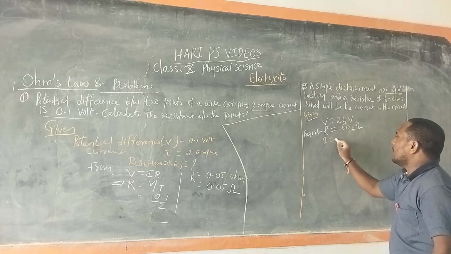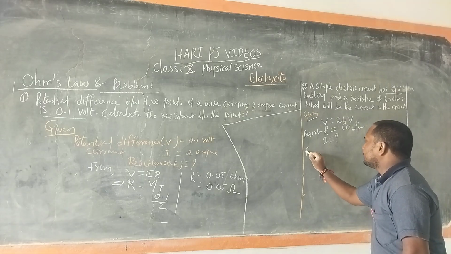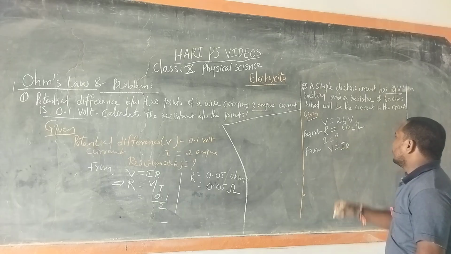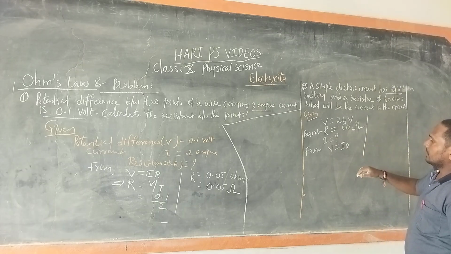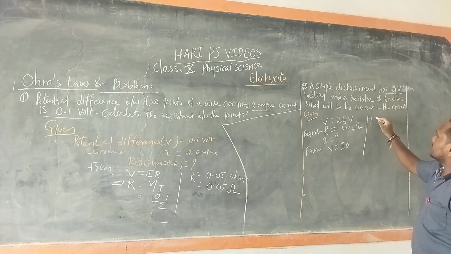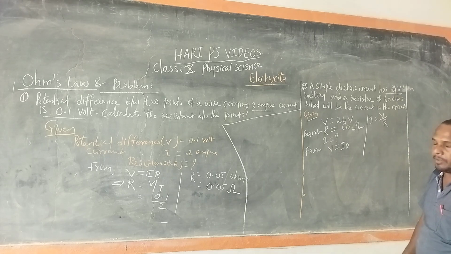Then what about the I? From V is equal to IR, you can write I is equal to V by R.